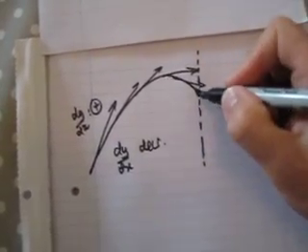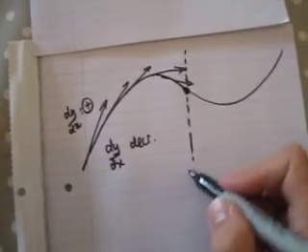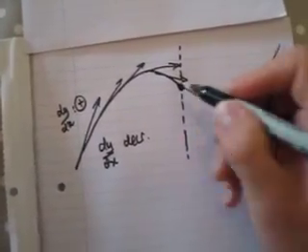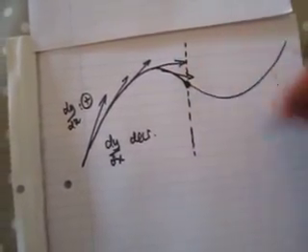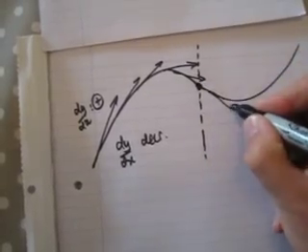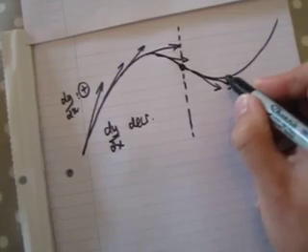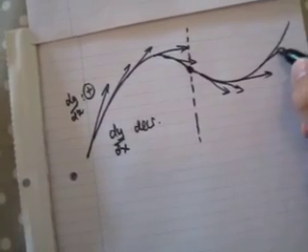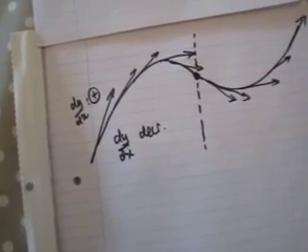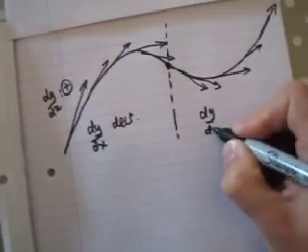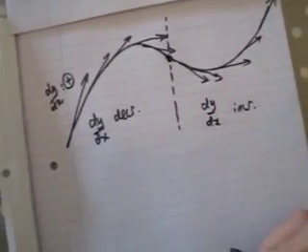Up until that point, dy/dx is decreasing. At that point, it stops decreasing, and as we move away from that point, the dy/dx values are still negative, but they're starting to get bigger. They get bigger towards 0, and then they get bigger positively. So here we've got dy/dx actually increasing.